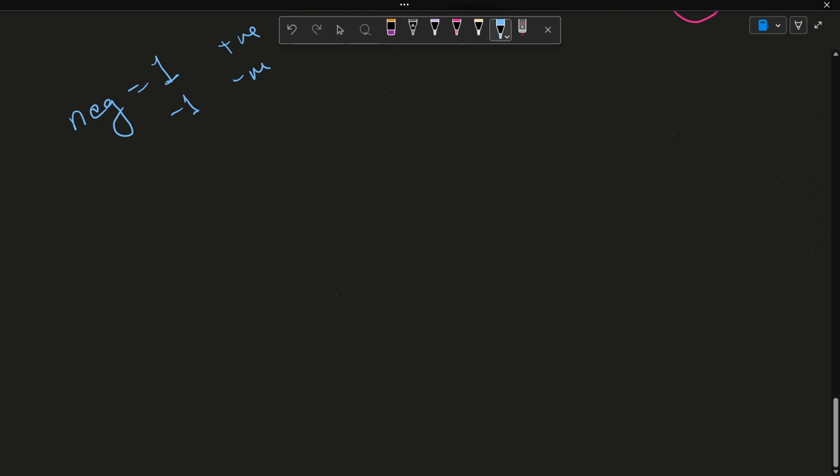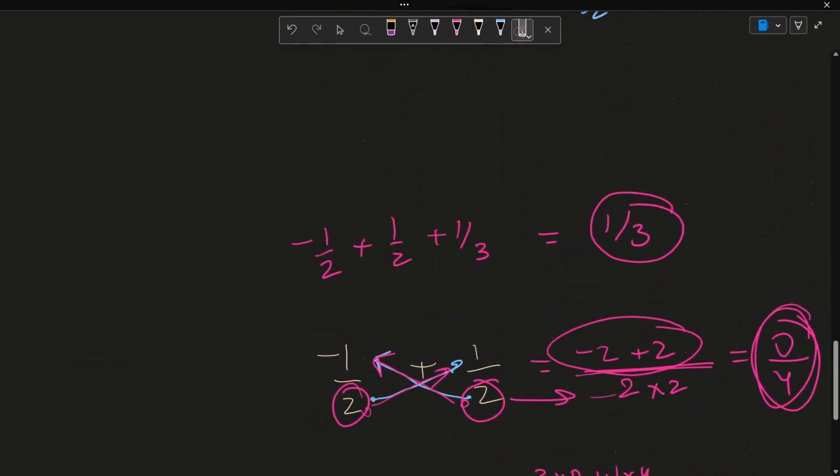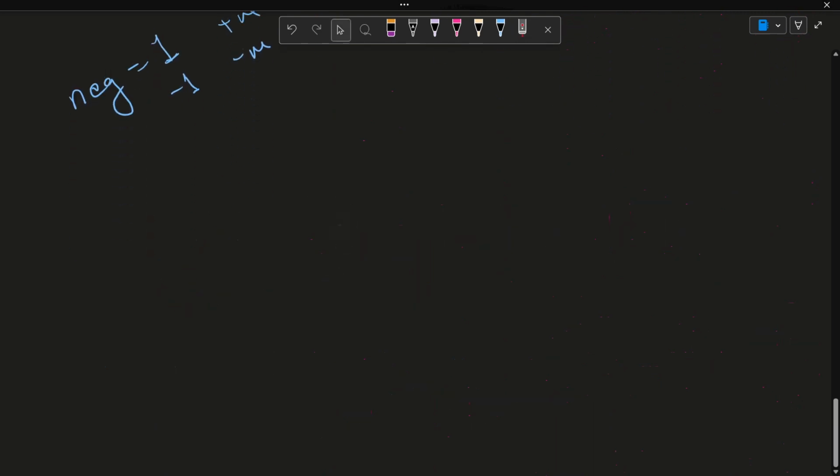Initially, while doing this operation, we assumed the first number we had was 0 by 1, which is 0. So I'll initialize the numerator as 0 and the denominator as 1, because the denominator cannot be 0, as that would not be a valid fraction.